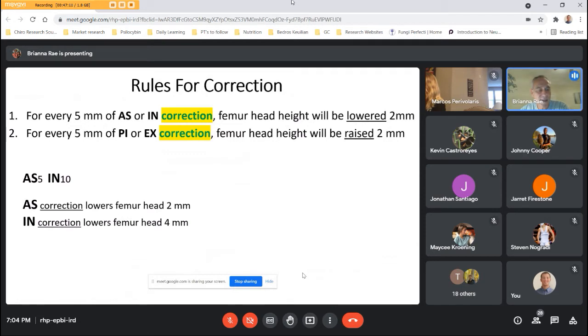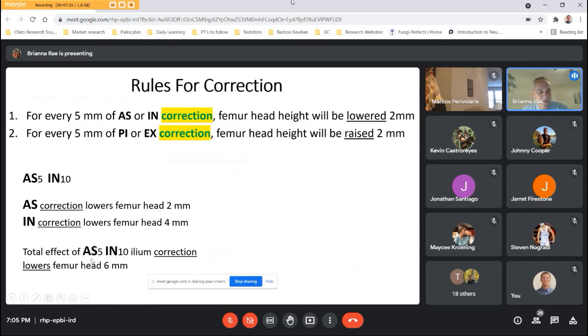So here's an example. AS 5, IN 10. We could add that and say 15 times 40%, or we could say 40% of 5 is 2, and 40% of 10 is 4. So that would give us 6.